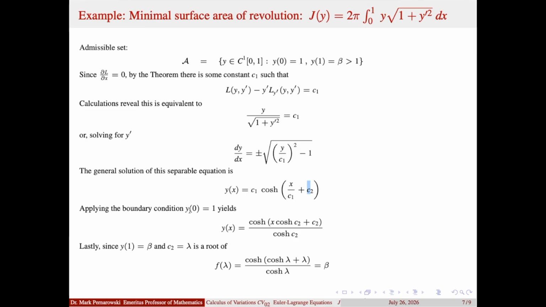Let's apply the left boundary condition. y of 0 is equal to 1. What does that give me? Well, that means if I put x equal to 0 on this side, this has got to be equal to 1. And if you think about that, it tells me how to solve for C1 in terms of C2.